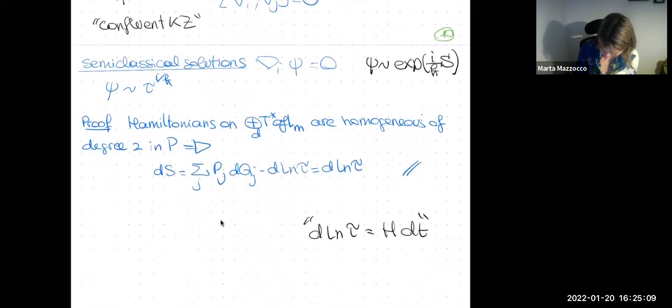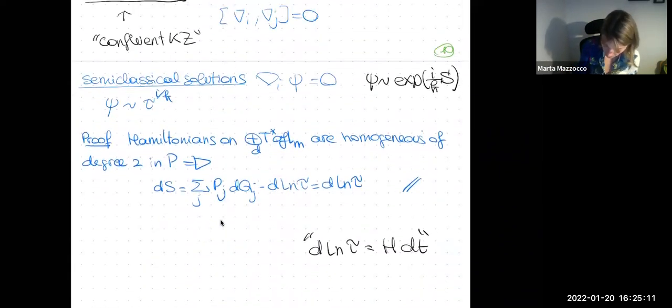So the Hamiltonians are homogeneous of degree 2 in P. And therefore, when you compute the action, you find exactly the tau function. And that's why even for the confluent KZ equations, the semi-classical solutions correspond to the tau functions.